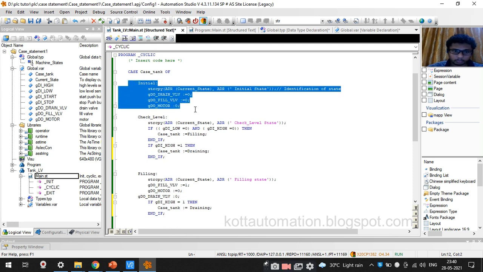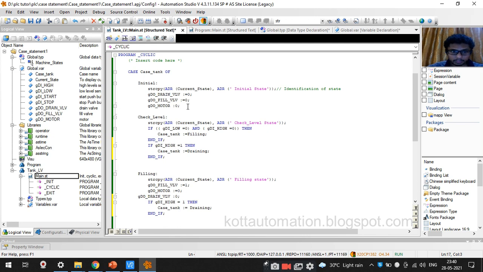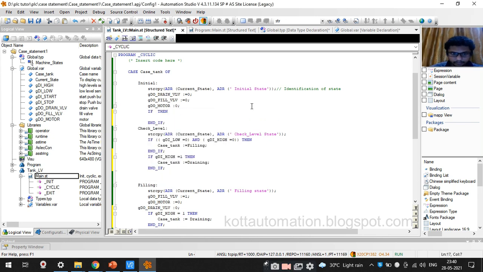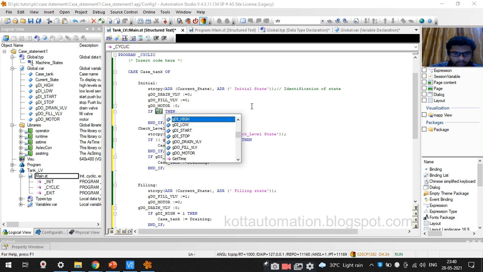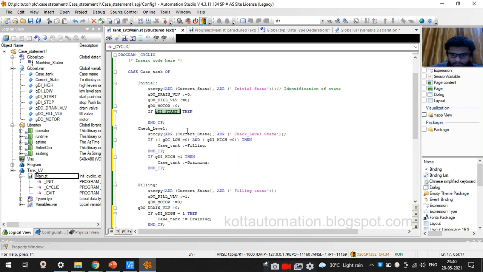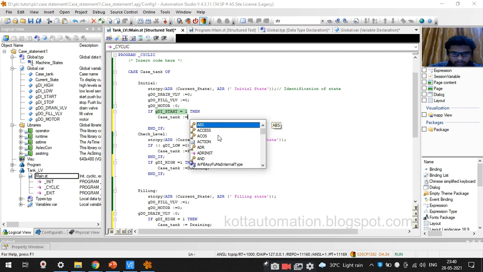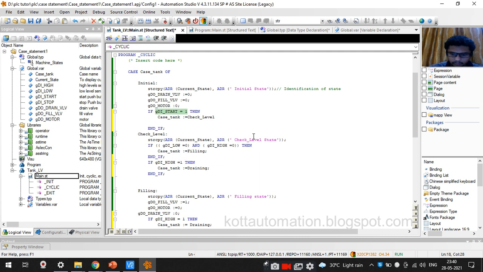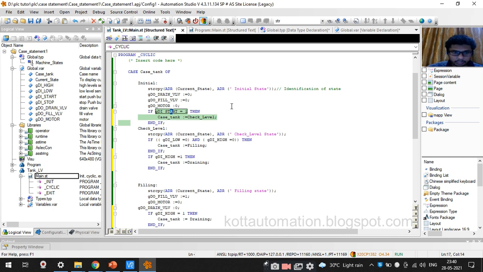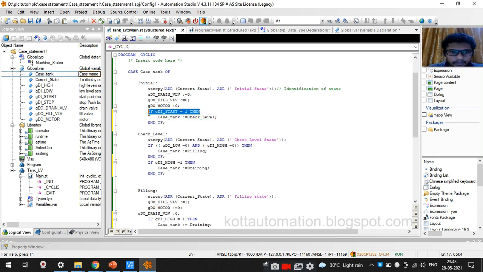Initially all our outputs would be zero, and here if I'm pressing start, my case will jump to the check level statement.